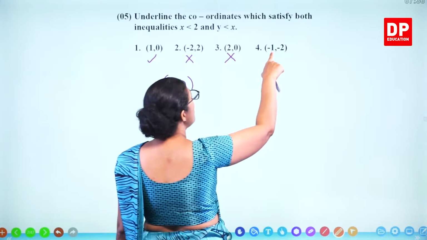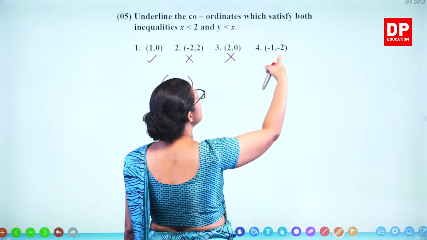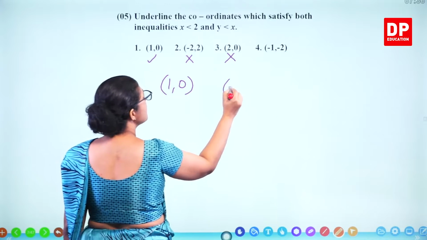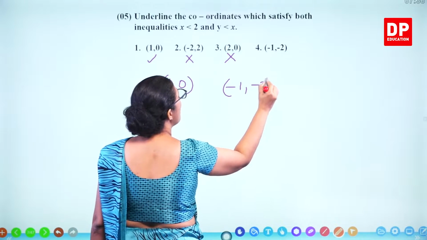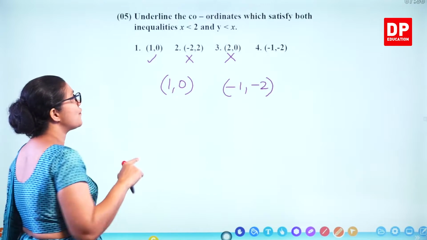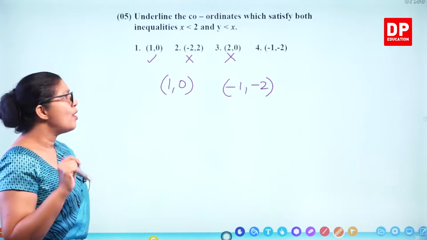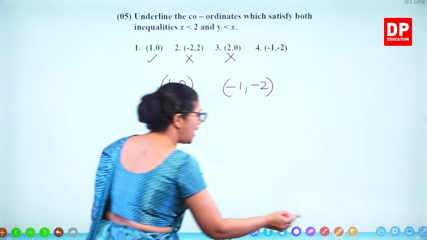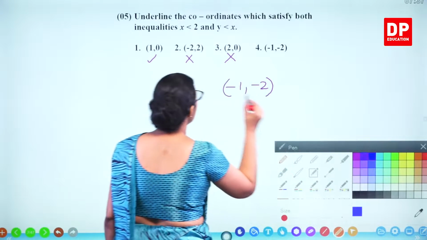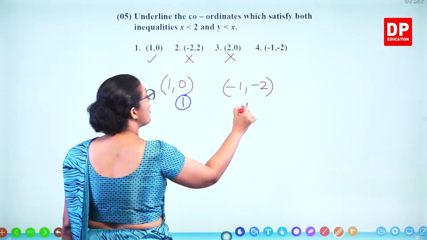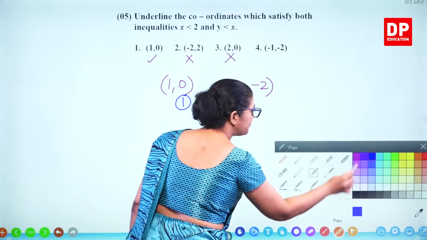And think about this one. Minus 1 is greater than minus 2, so that is also possible. So you get 2 points, this and this, that satisfy x less than 2 as well as y less than x. So you get 1 mark here and 1 mark for this one.